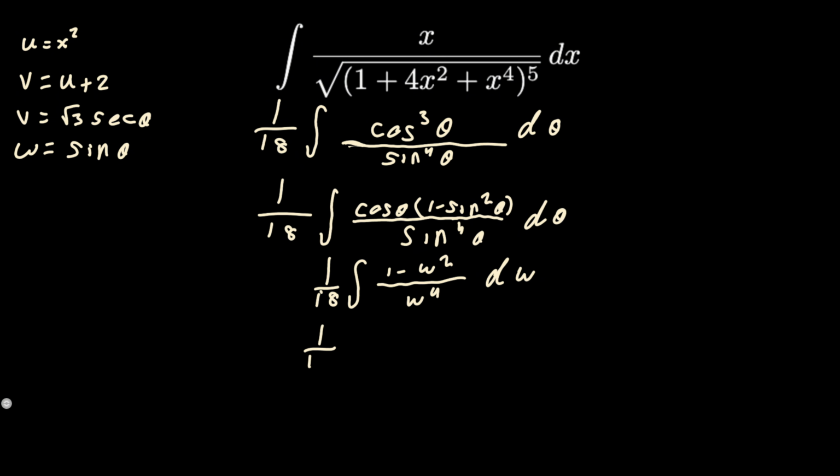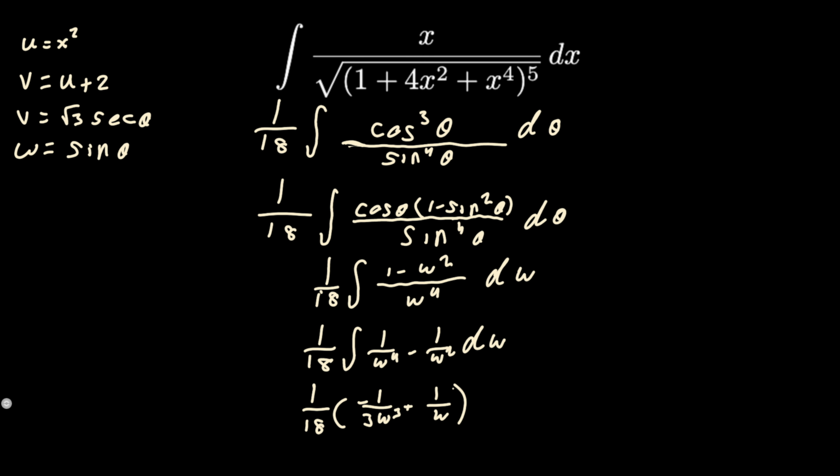So we have 1 over 18 times the integral of 1 over w to the 4 minus 1 over w squared dw. Okay? Which will give us 1 over 18 times negative 1 over 3w cubed plus 1 over w plus c.